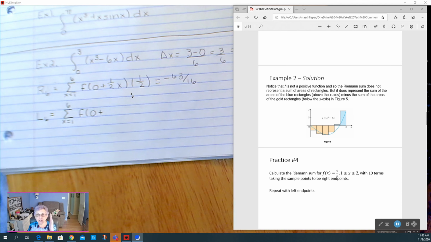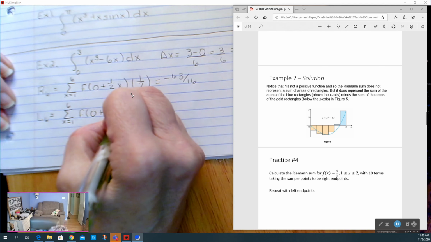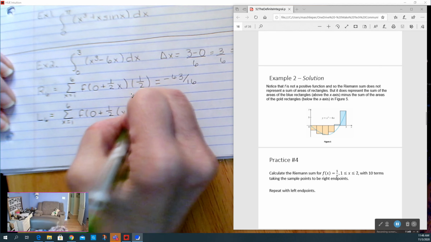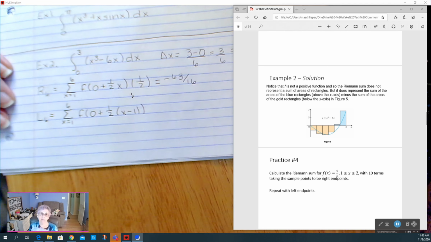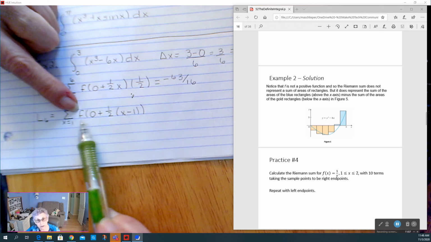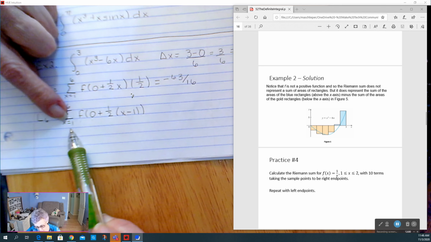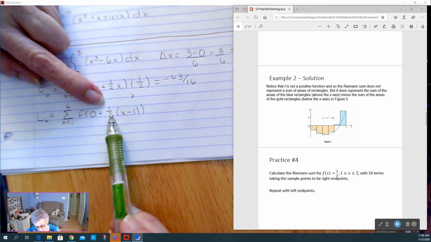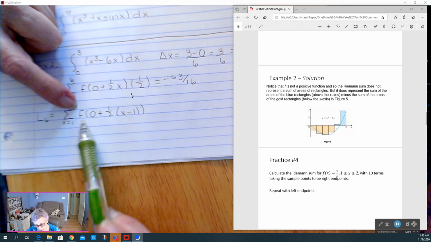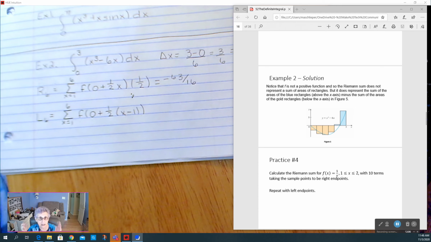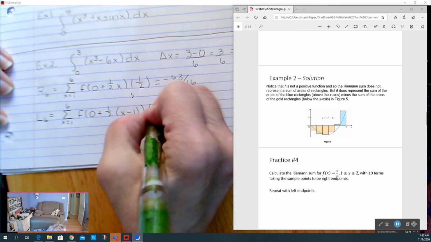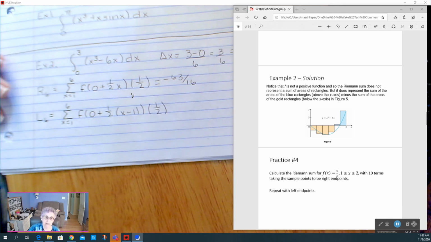So we're going to take delta x and multiply it by x minus 1. Okay, so if I put 1 in, I get 1 minus 1, I'm doing f of 0. 2 in, I put f of 1/2 times 1, so f of 1/2. It's exactly what I want. Those are my left endpoints. And then I also have to multiply by delta x.